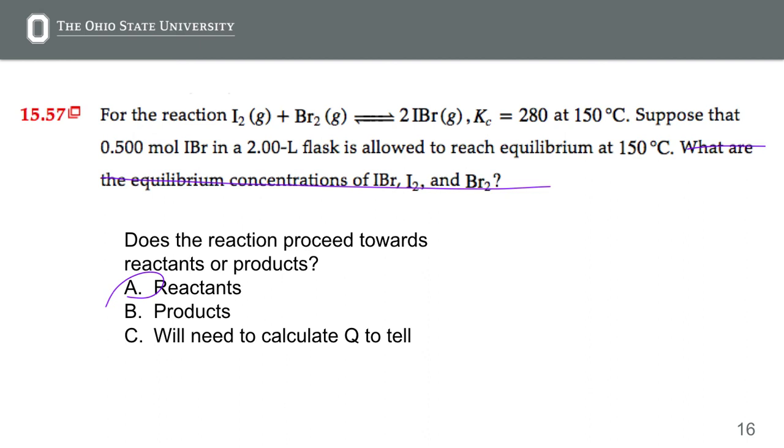What if you have I2 and IBr in a flask? That's it, no Br2. Does the reaction happen? Yes, it does. And you will form more Br2 in order to achieve equilibrium. There are a few questions in your homework like that. I like those questions. They make you think.